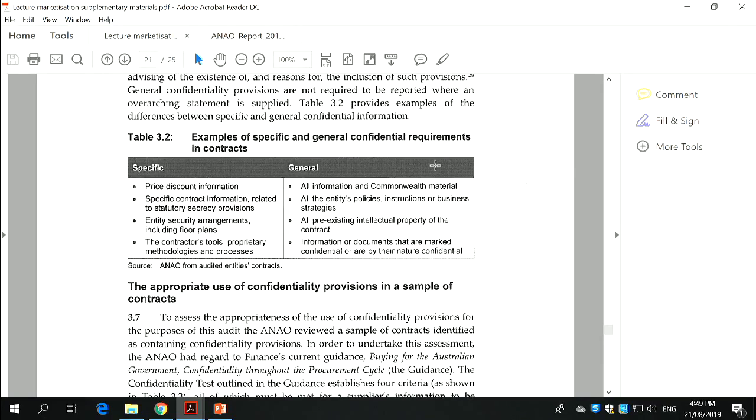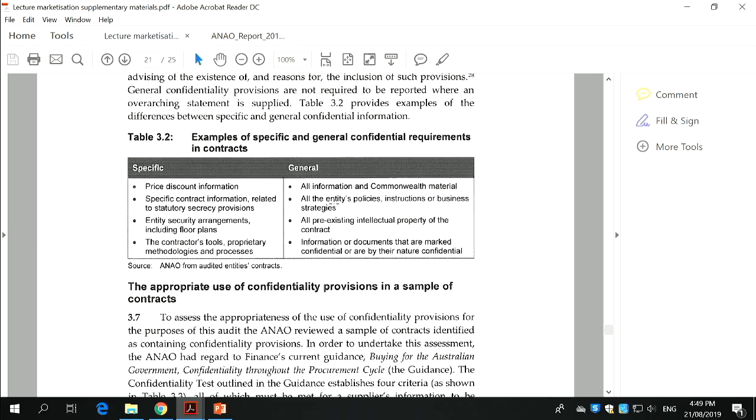So it's classified into specific and general confidentiality agreement requirements in contracts. These are the specific items, like the price discount information, specific contract information relating to statutory secrecy provisions and security arrangements, etc. So these are specific confidential information.